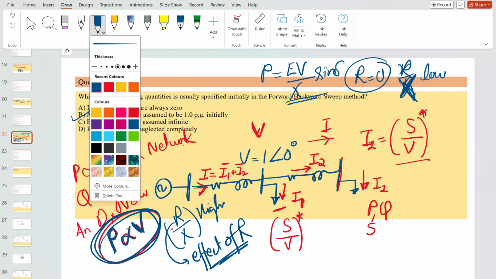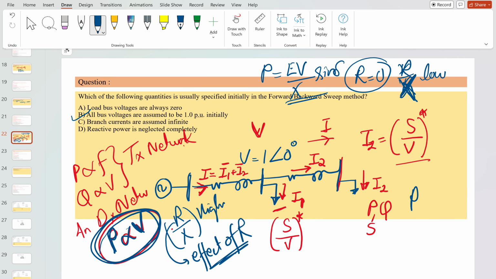So when the power going here increases, the voltage will dip as soon as the power starts increasing.